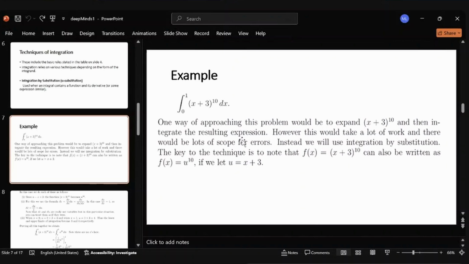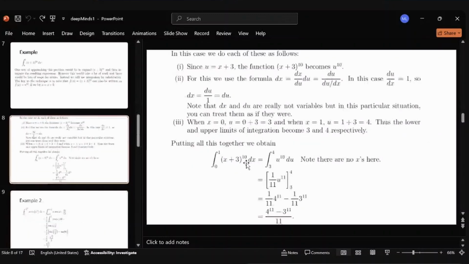So we just substitute the inner expression x plus 3 with u. Then we rewrite the integrand in terms of u. These are the steps that we take.